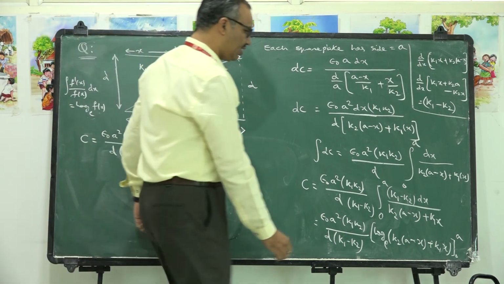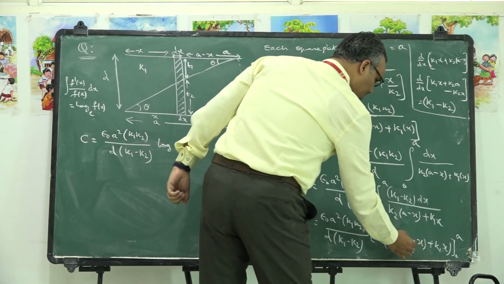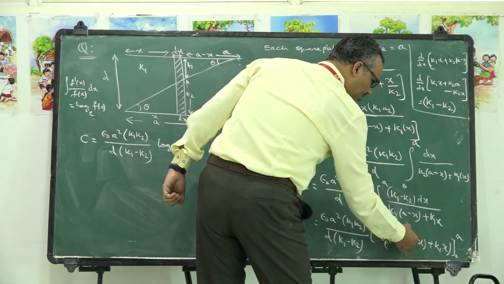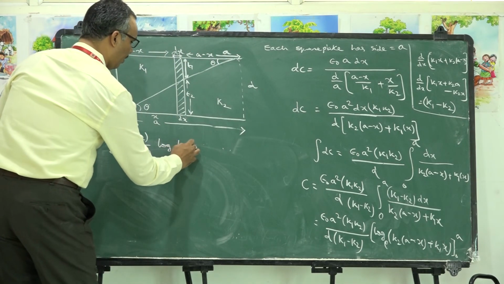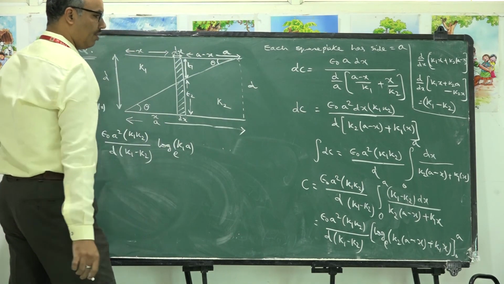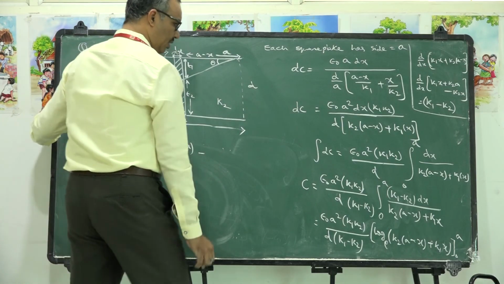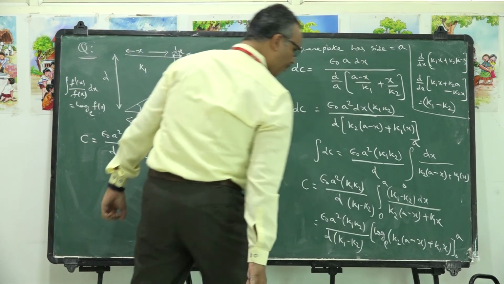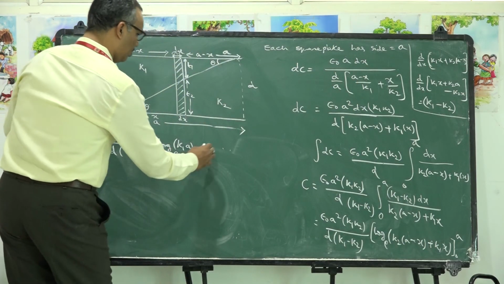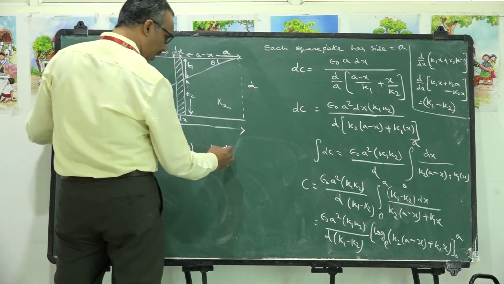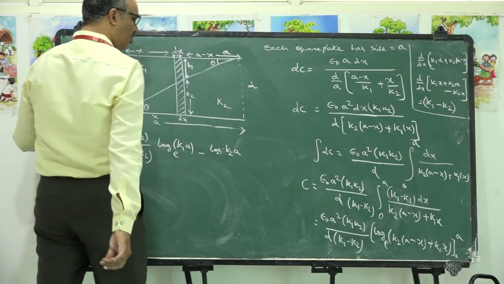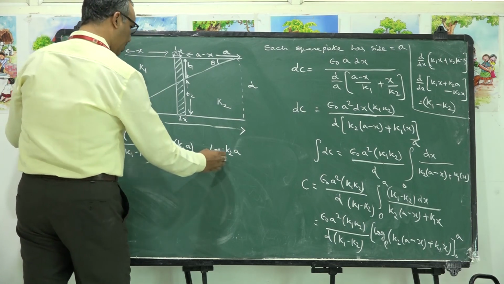In the place of x I need to substitute A. If I substitute A here, A minus A becomes 0, so it becomes log K1A to the base e, minus, in the place of x if I keep 0, then log K2A to the base e.